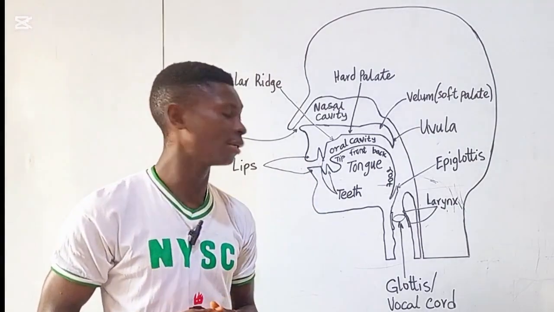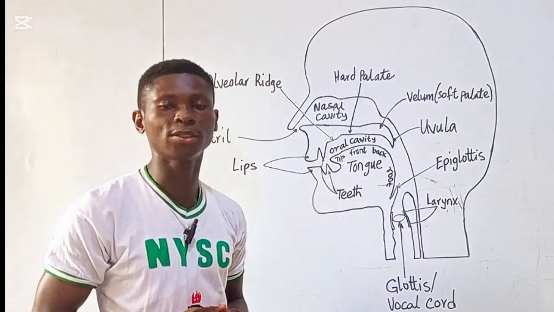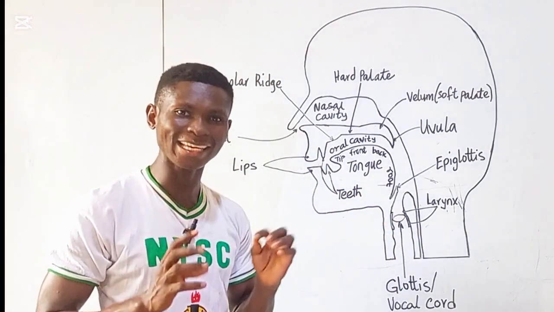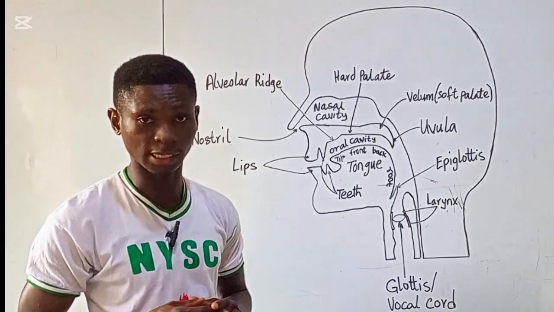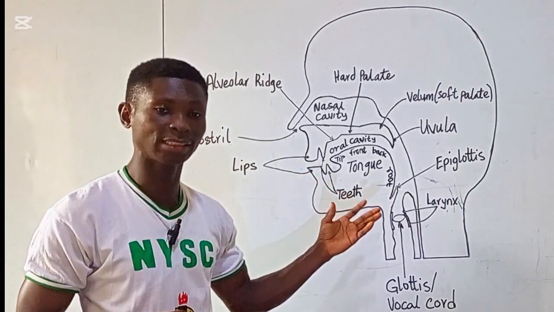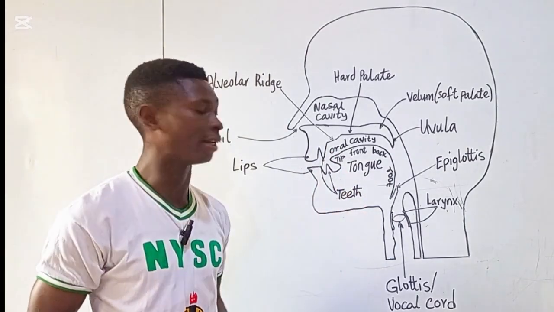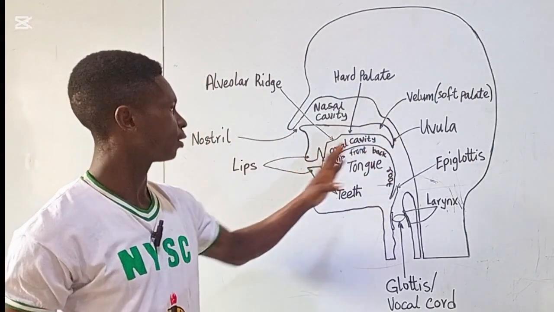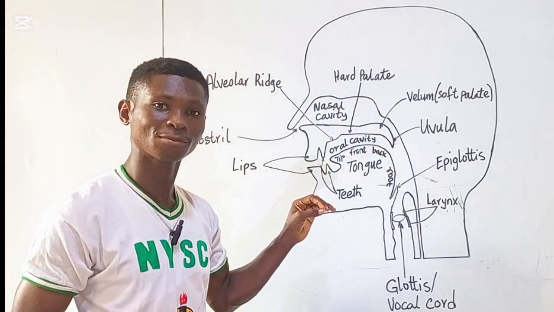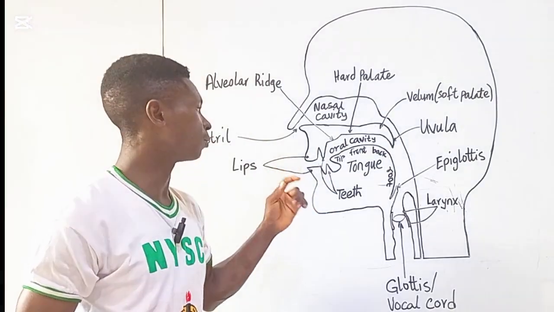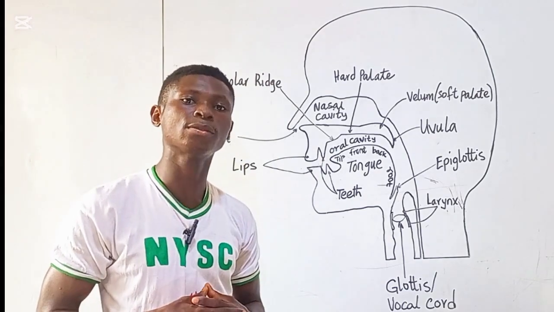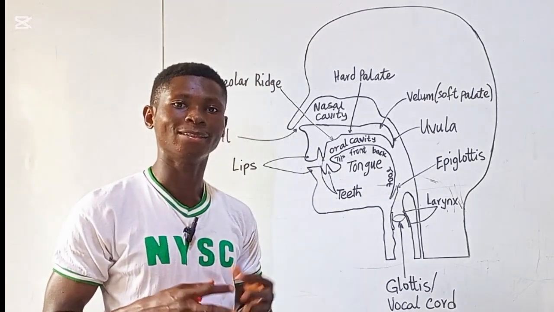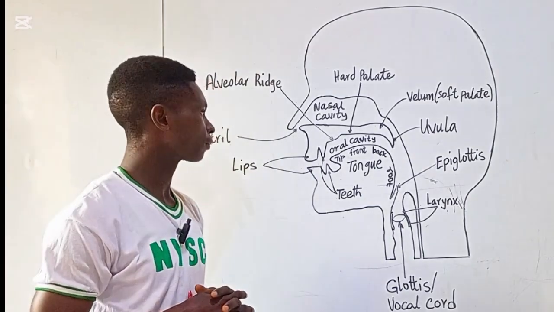Actually, we are going to look into the complete description of all the consonant sounds in the English language subsequently, and also categorize these sounds based on their place of articulation. That is based on all these organs. So you are going to know the organs responsible for the articulation of sounds.